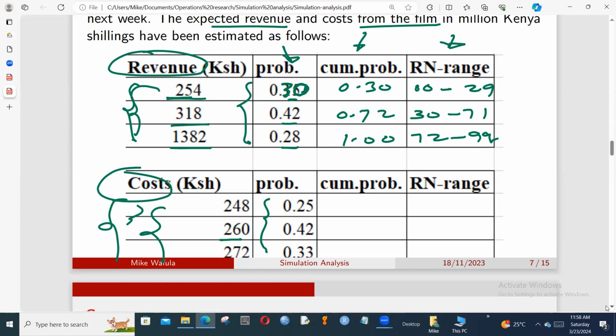Yes. Thank you. Then this other one is 0.25, plus this is 0.76, and then I'll have 1.00. So I'll have 00 to 24, then 25 to 66. Then I'll have 67 to 99.